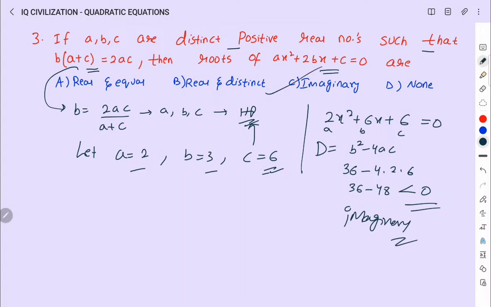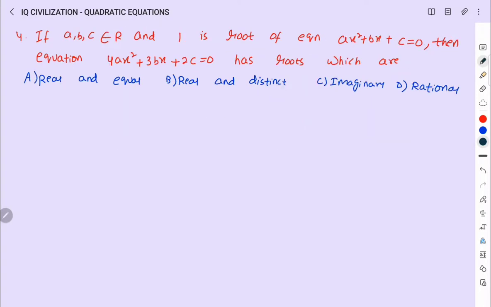Okay, next one. If a, b, c are real numbers and 1 is a root of this equation, then we need to find the nature of the roots of the equation 4ax square plus 3bx plus 2c, whether they are real and equal, real and distinct, or imaginary and rational.